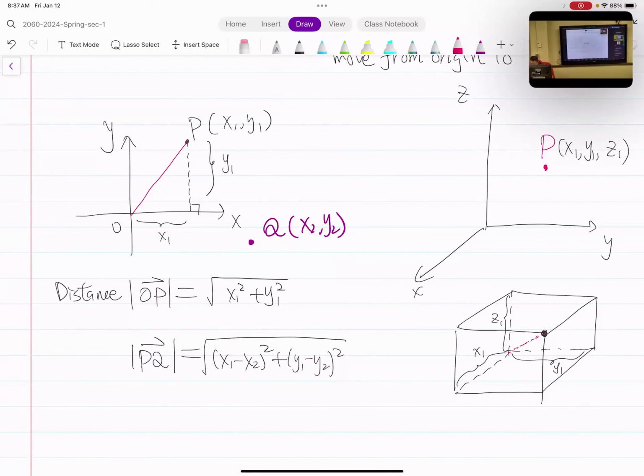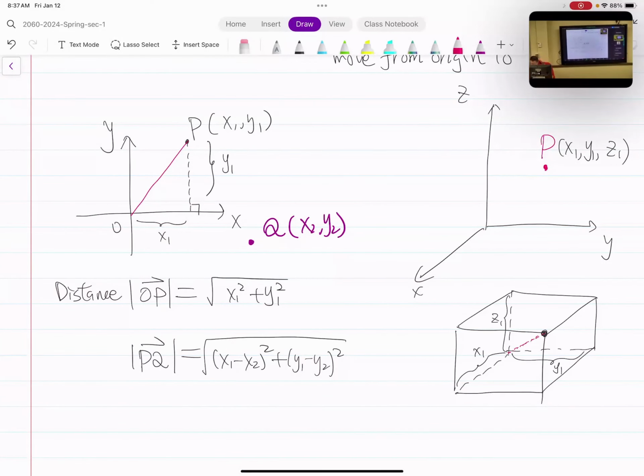So this is the point P in solid, x1, y1, z1. And this, let's call it P prime, which is x1, y1, 0. So this is the orthogonal projection down to the xy plane.